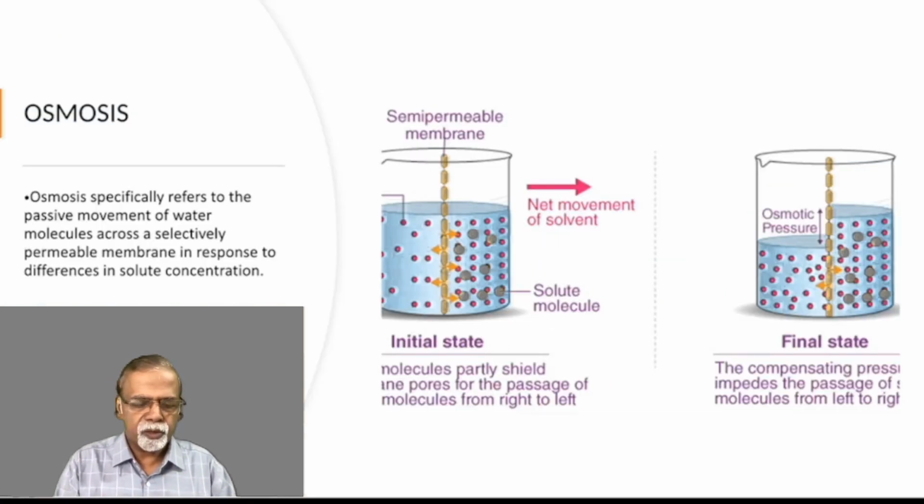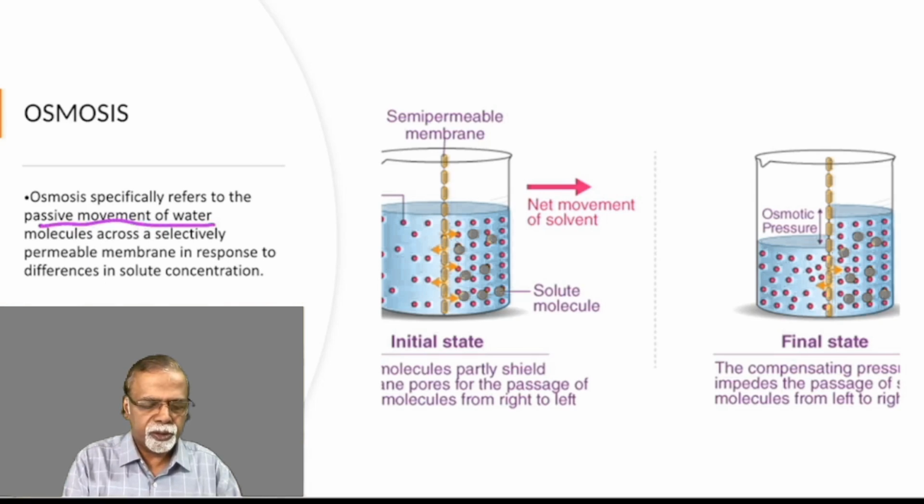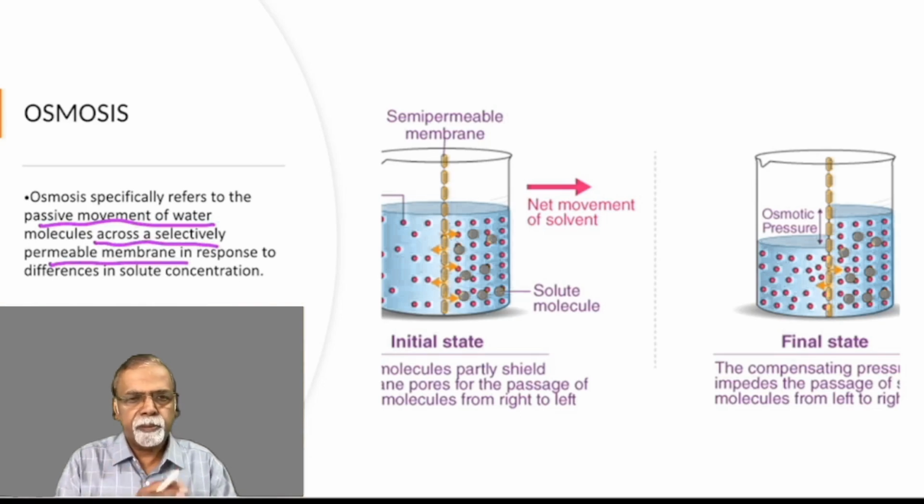So let us see what is osmosis. Osmosis is the passive movement of water across a selectively permeable membrane, depending upon the concentration of the solutes. Here you can see there is a semi-permeable membrane.